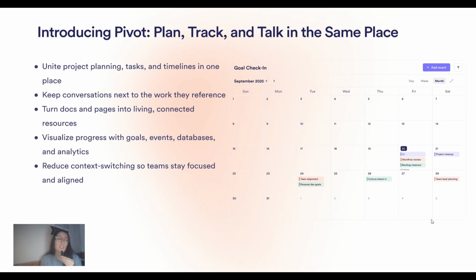Instead of splitting your focus, Pivot unites project planning, team discussions, tasks and timelines, data insights, and documented knowledge all in one environment so you can move forward without losing the thread.